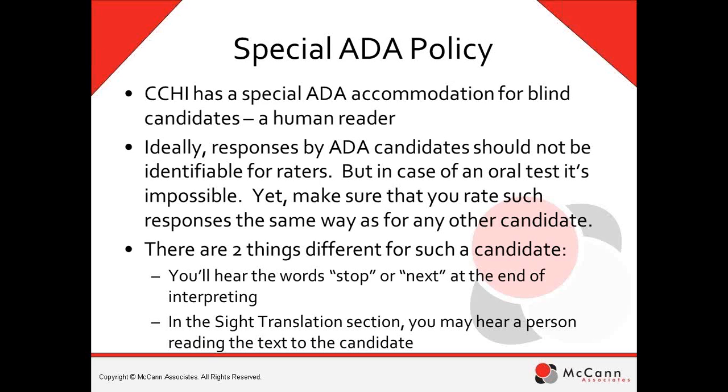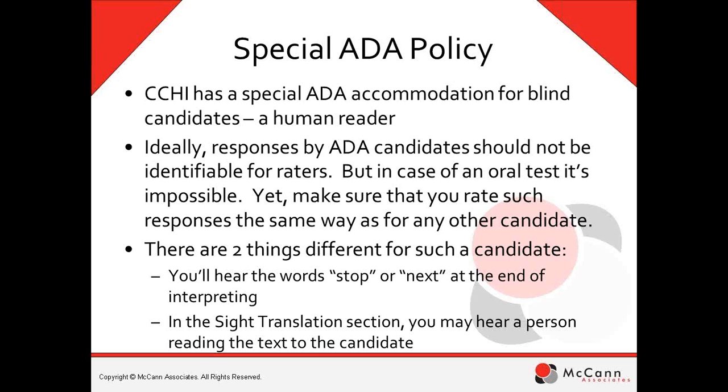If you have at least 50% of the utterance and you're able to score, please go ahead and score, and make sure that you put a note that the candidate ran out of time.